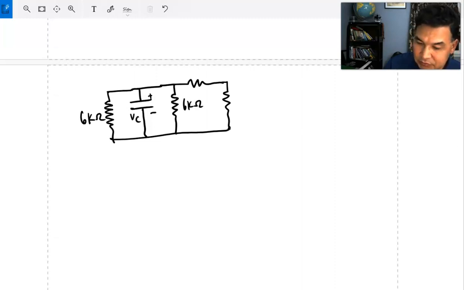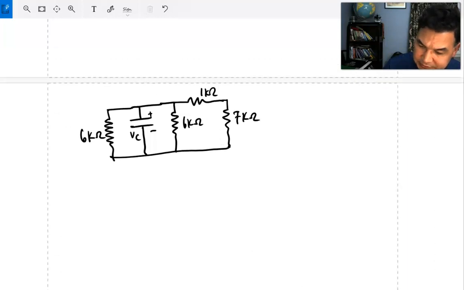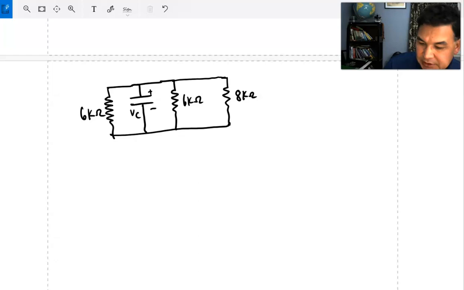This 6 kilo ohm and 1 kilo ohm, this is 7 kilo ohm total, right? So I can still do some equivalent. This 7 kilo ohm and this, I can just make it 8 kilo ohm. I can just bring this here and put in parallel. And finally, you can solve for VC and solve the differential equation, right?